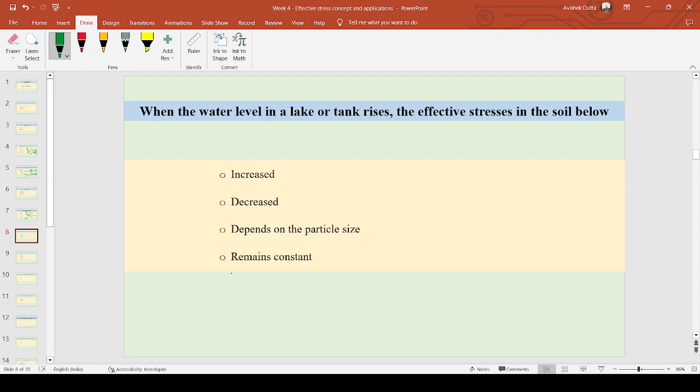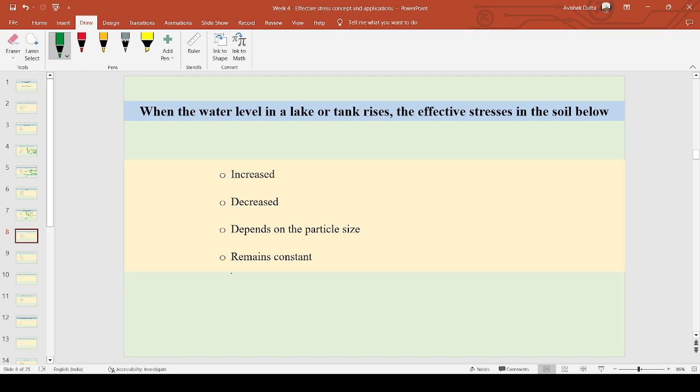When the water level in the lake or tank rises, the effective stresses in the soil below. So when the water level in the lake or tank rises, effective stress means grain to grain transfer of stress of the soil at their point of contact.